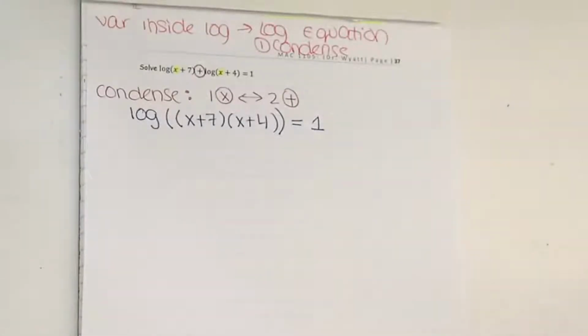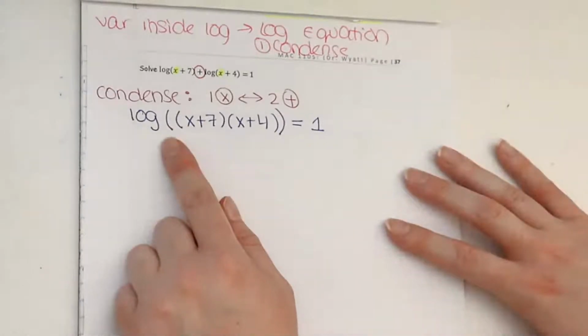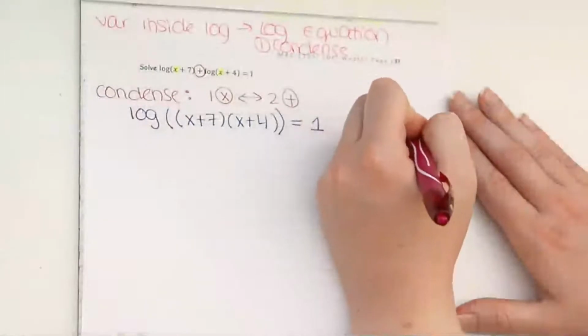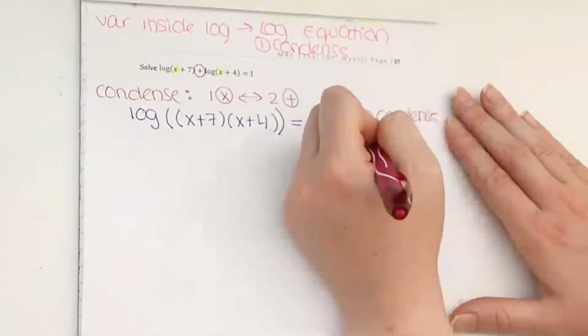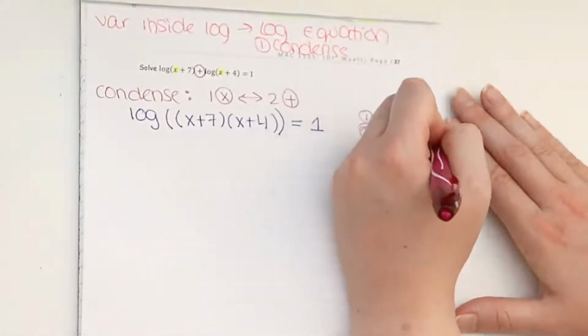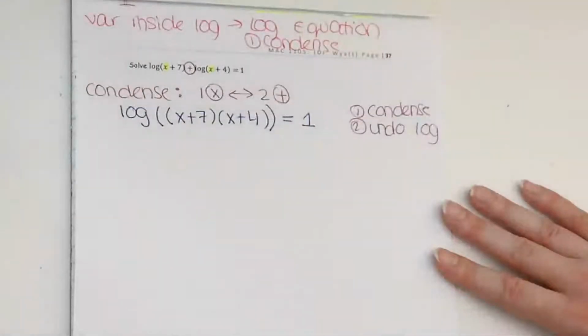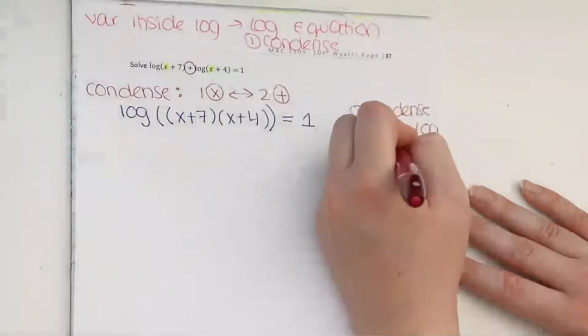All right, so we have condensed it, and what we're trying to do is undo the logarithm. At this point, the only thing we have on the left-hand side is the log. After we condense, we have to figure out a way to undo the logarithm, and the only way that we really know how to do that is to raise to equal to.